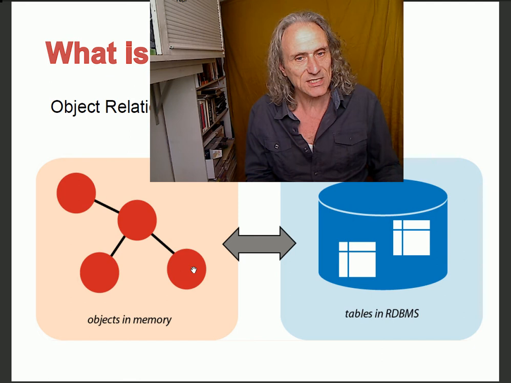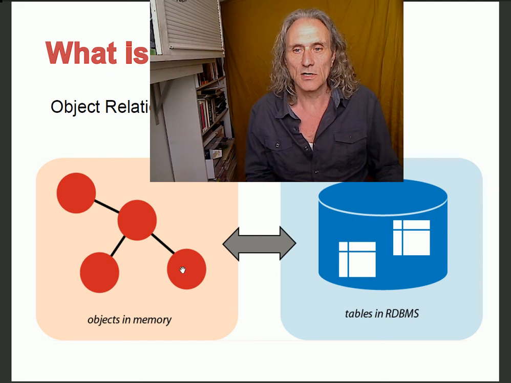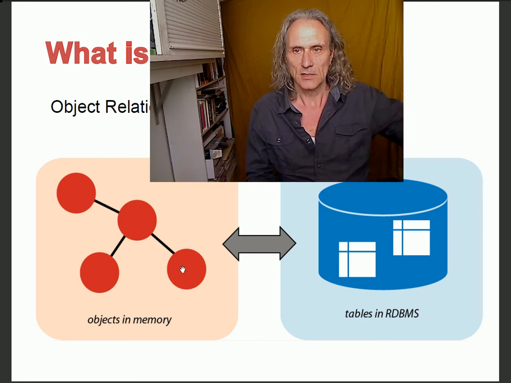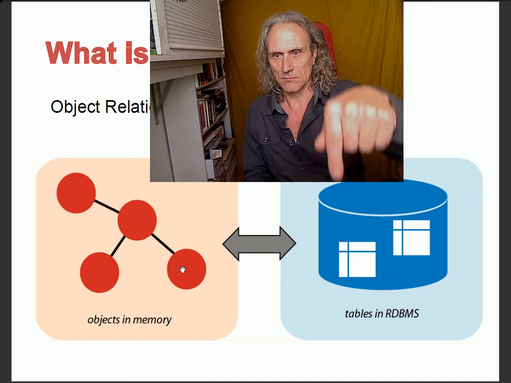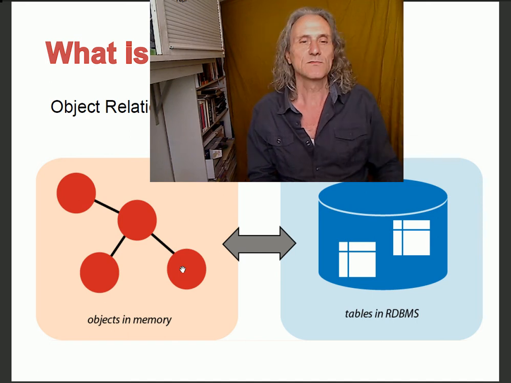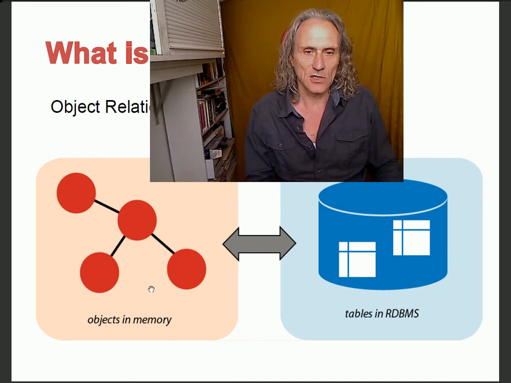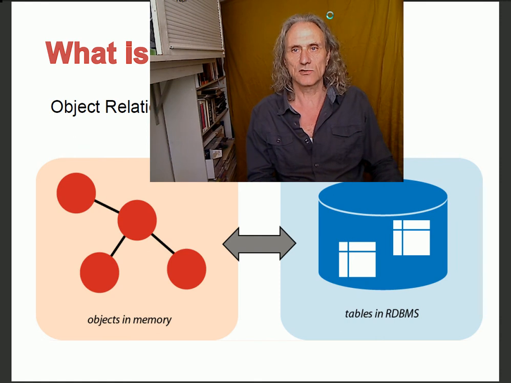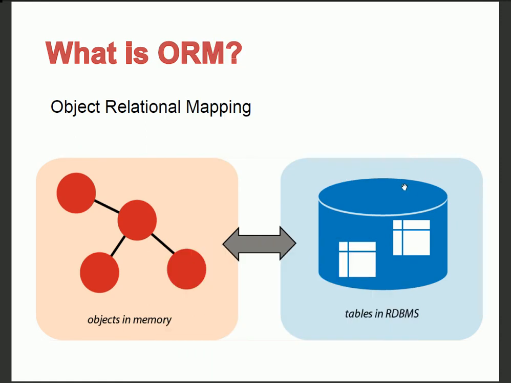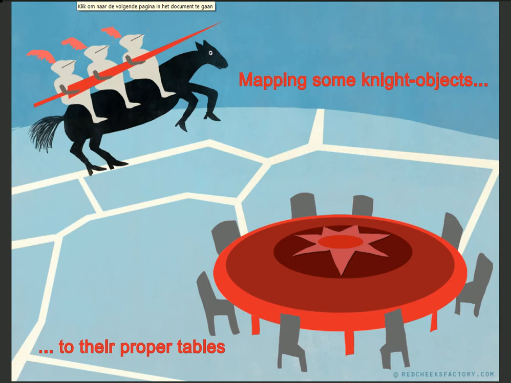When you want to persist those objects to database tables, you have to match those objects and those tables together. That is the mapping between the objects and relational tables. It's always about mapping objects and tables.